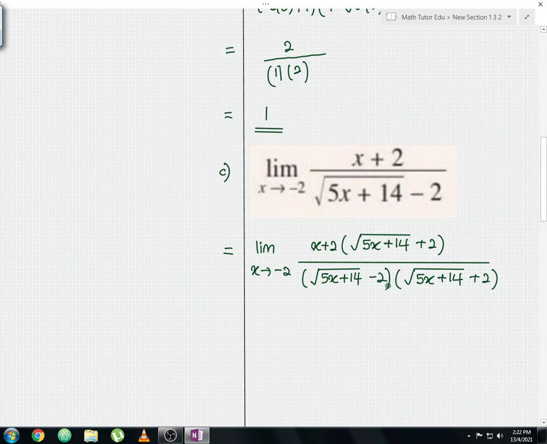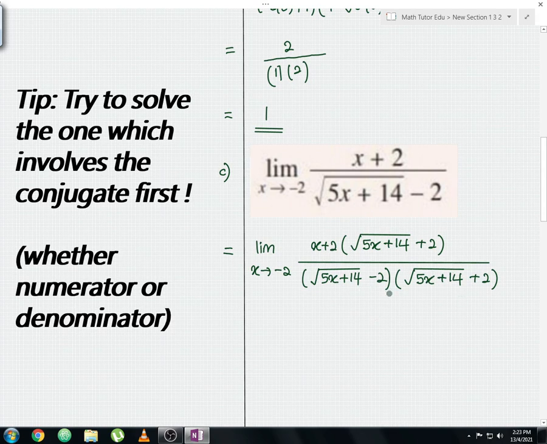For this case, we will leave the numerator and solve the denominator first, which is the conjugate one. So from here, limit x approaches negative 2.